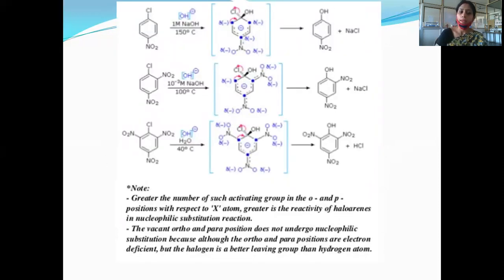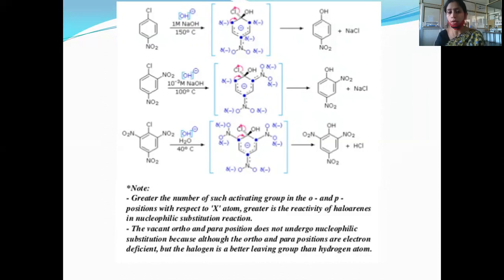How do you see that? Here, in all these cases, the NO2 and the halogen group, the chlorine group, are either ortho or para to each other, and hence the mechanism is given in the square bracket, showing how this reaction happens, and we get the respective products. Now, something important to note is that the greater the number of such activating groups in the ortho and para position with respect to the halogen atom, the greater is the reactivity of the haloarenes in the nucleophilic substitution reaction.